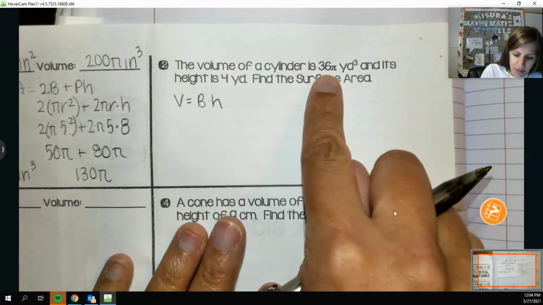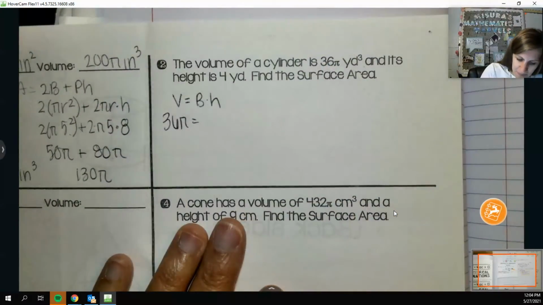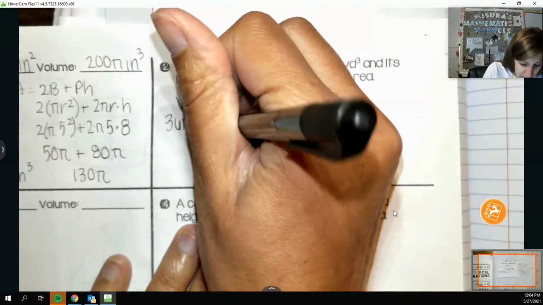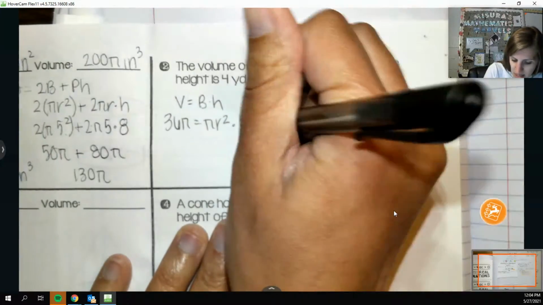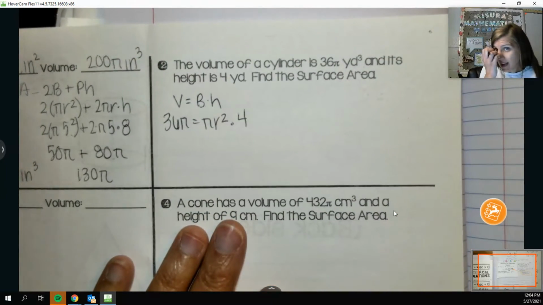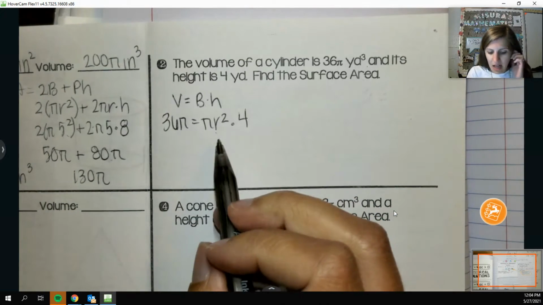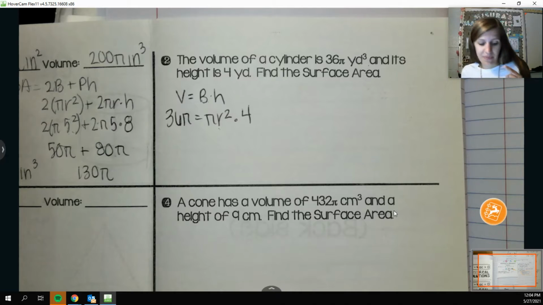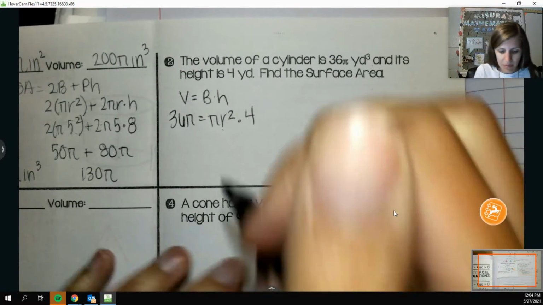Since the volume was 36 pi, we can put that in for V. I do not know the area of the base, but it is pi r squared. They did tell me that the height is 4, so if I want to solve for r, which I do if I want to find surface area, I can now because I have everything filled in except for r.